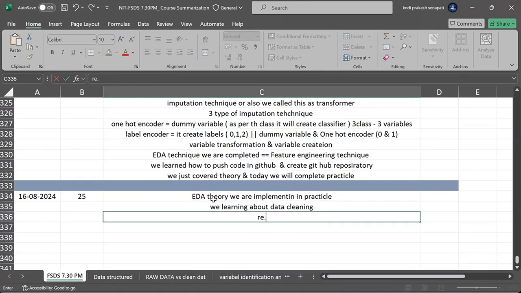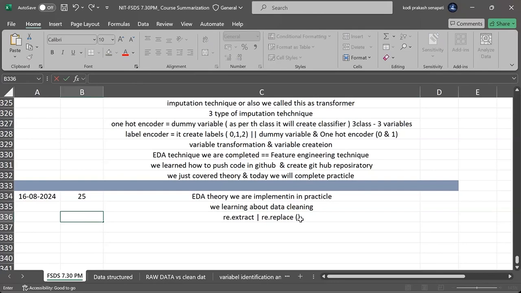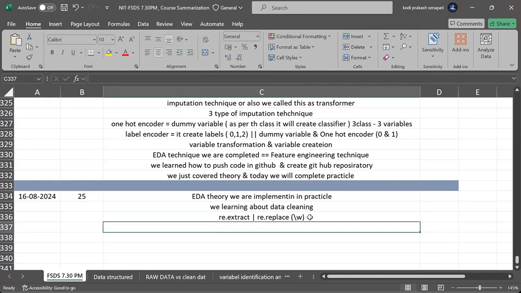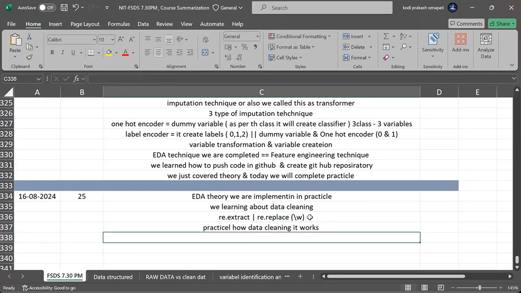In data cleaning, we use regular expressions, str.extract and str.replace with non-word characters, \W, and we learned practically how data cleaning works.